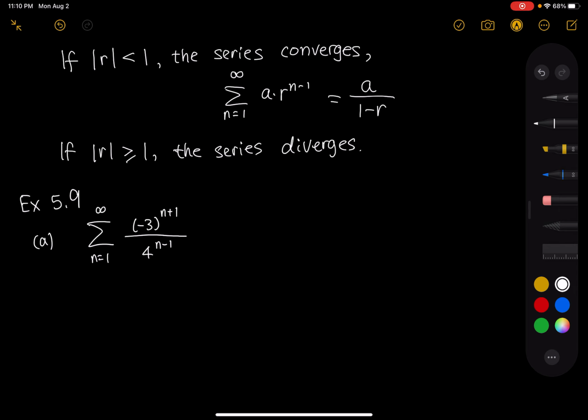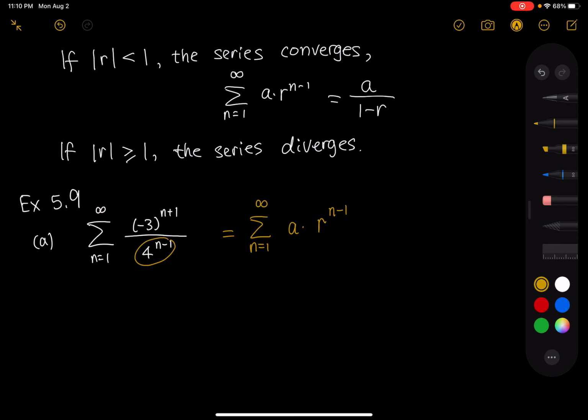We have to change it to the form, sum from n equals 1 to infinity, of a times r to the n minus 1 power. How do we get that? We have to figure out what the ratio is. The ratio is something to the n minus 1 power, and here we have 4 to the n minus 1 power.